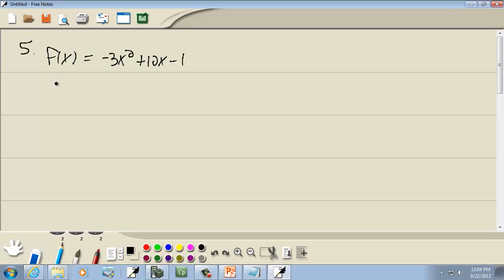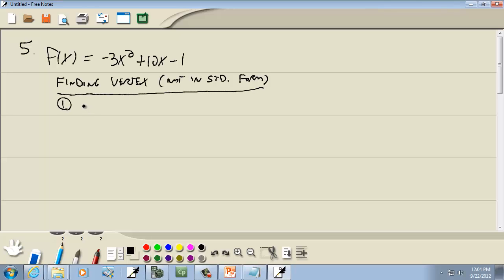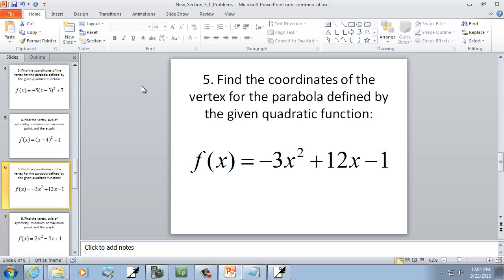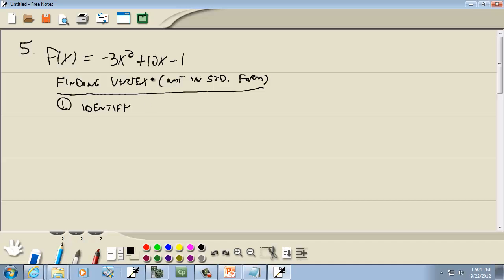So finding the vertex, and again, this is when it's not in standard form. Our first step is to identify. Now, we don't have to identify all the pieces. Well, I've erased the formula, but we identify a and b.